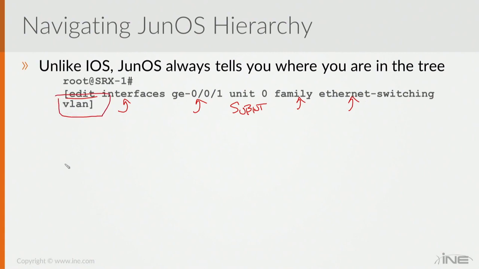So basically, this would be the equivalent in IOS of saying something like interface gig 0, and then encap .1q, and then whatever the VLAN is, like .1q10.